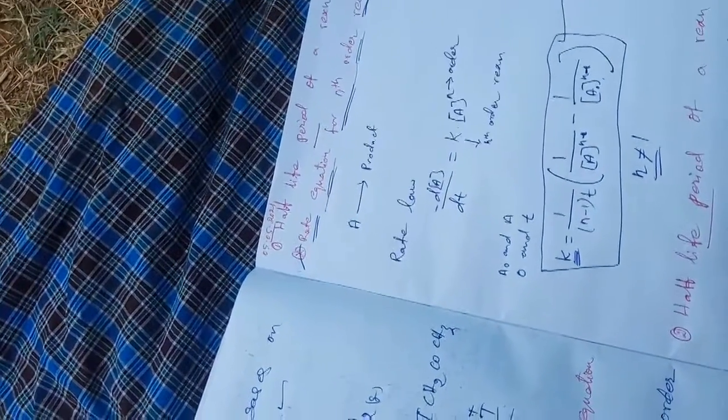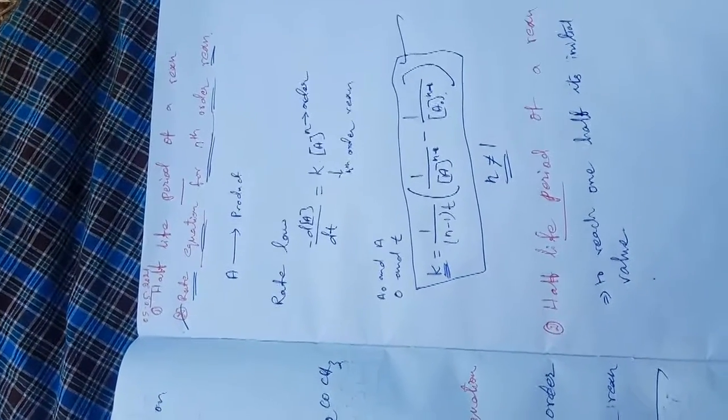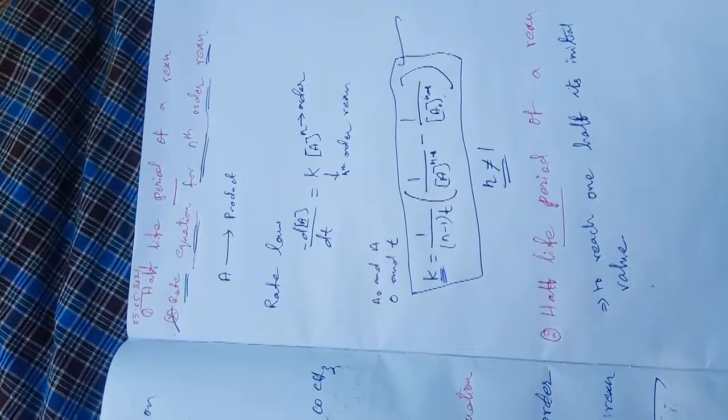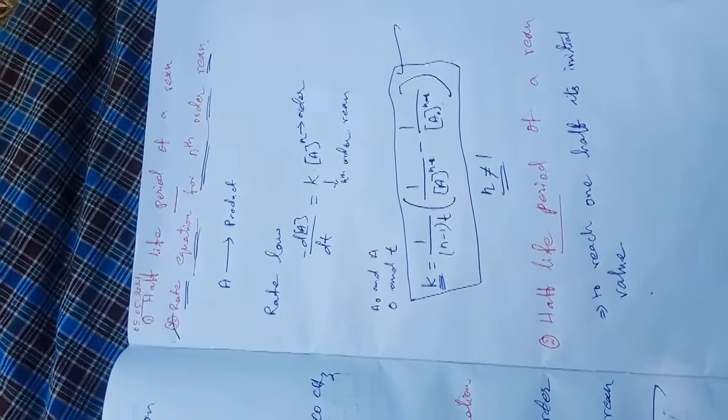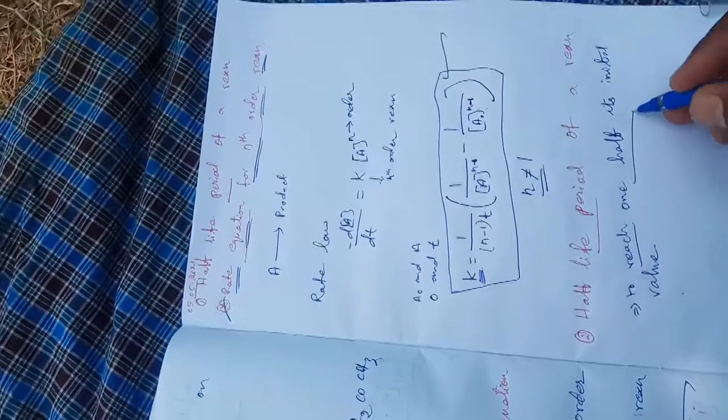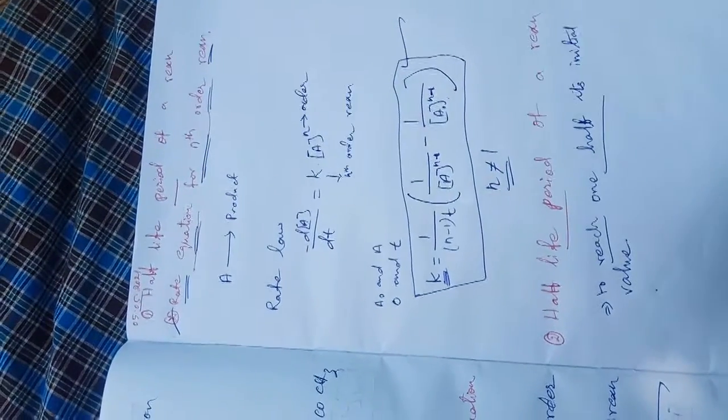So the half-life period of a reaction is defined as the time required for the reactant concentration to reach one half of its initial value.